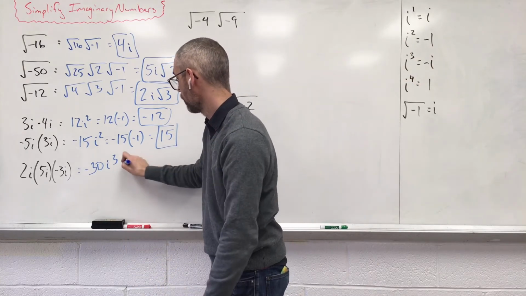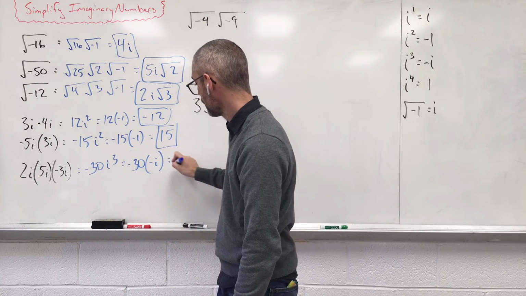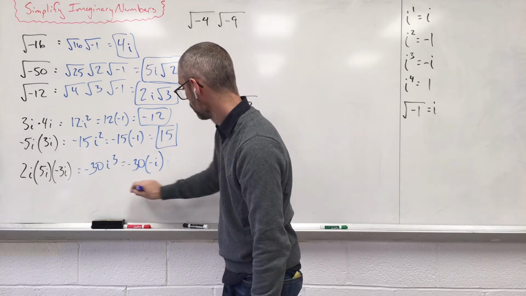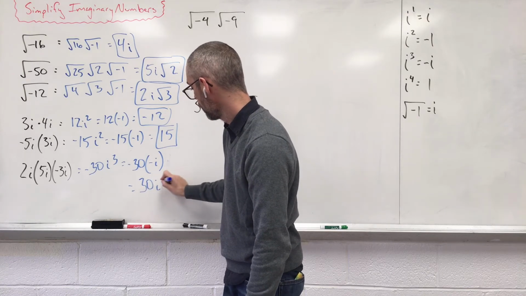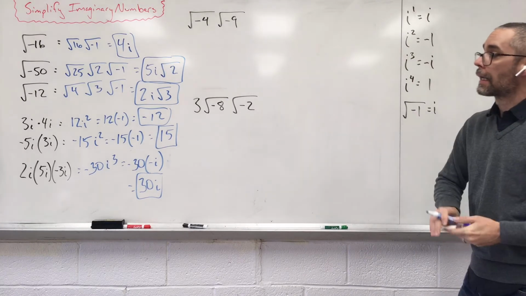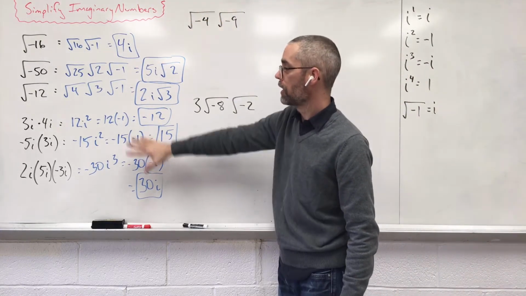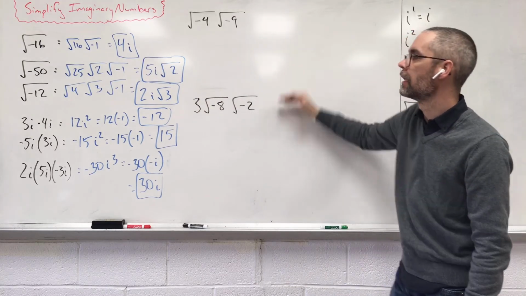So let's bring that down. We're going to say -30 times -i, giving us +30i.